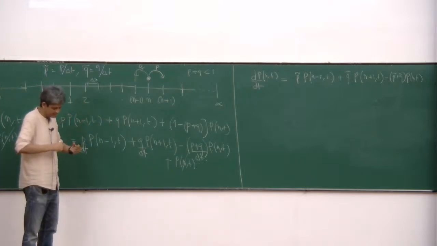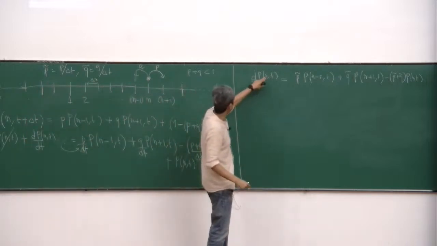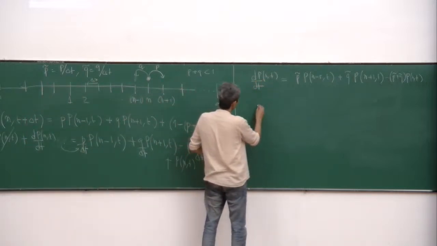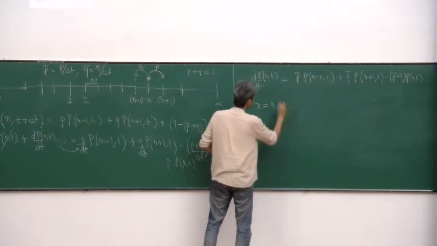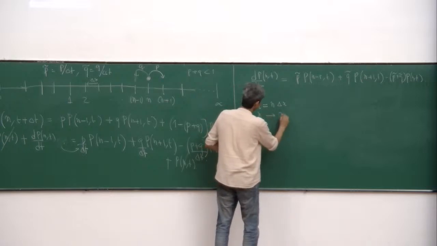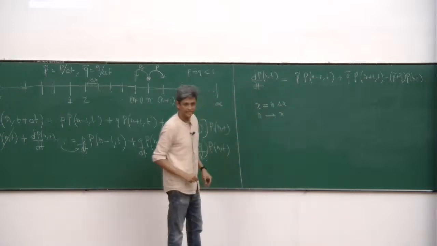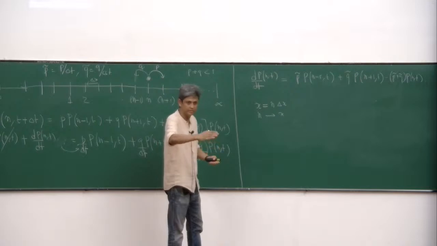Basically, these particles are continuously moving. So what I can do is write x equals n delta x, and go from n to the x definition. So now, instead of discrete hopping, I am looking at continuous movement.